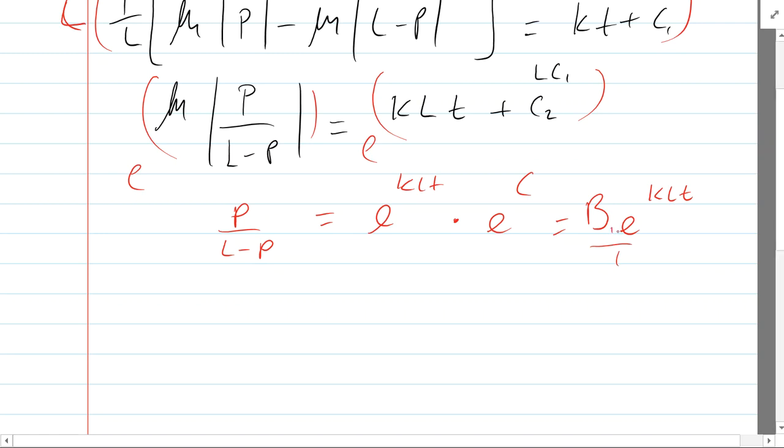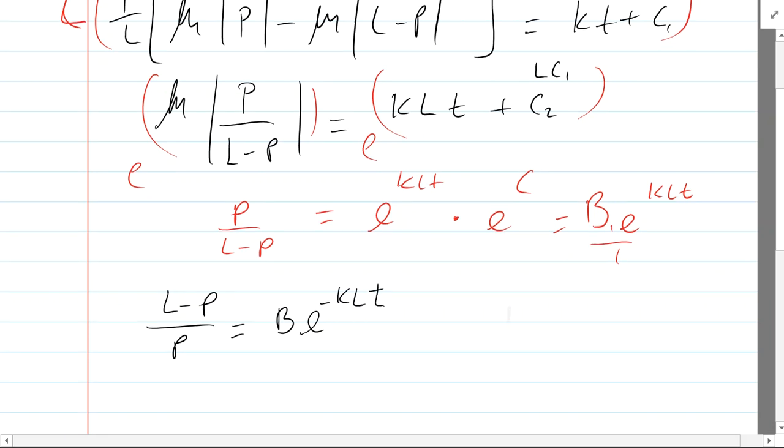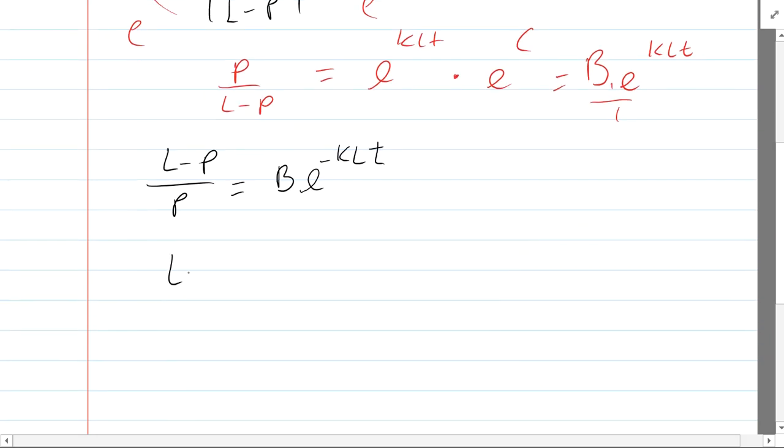I'm about to make a different B. Watch this. L minus P over P is equal to my new B, which is 1 over B, e to the negative KLT. Multiply by the P, I get L minus P equals P times B e to the negative KLT.